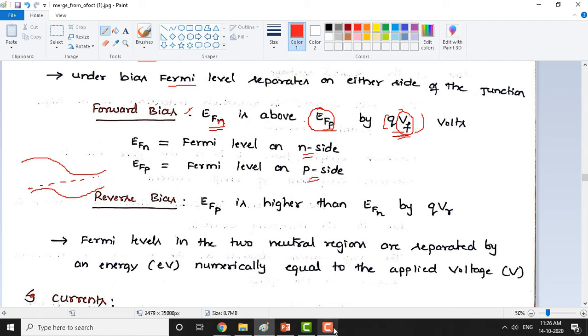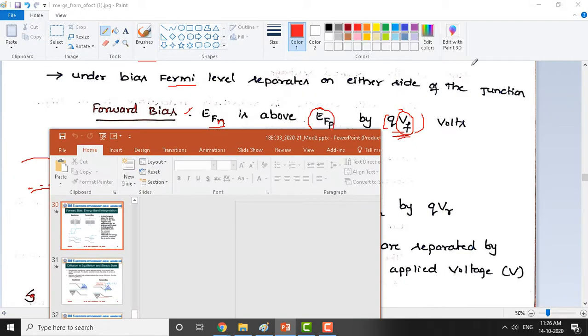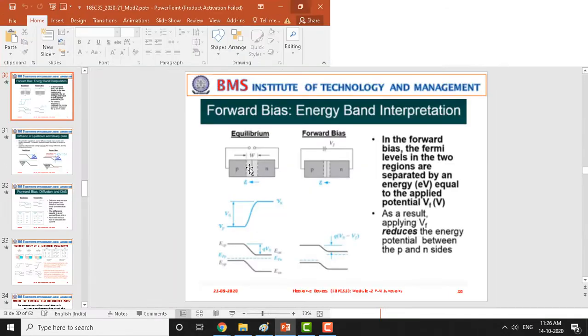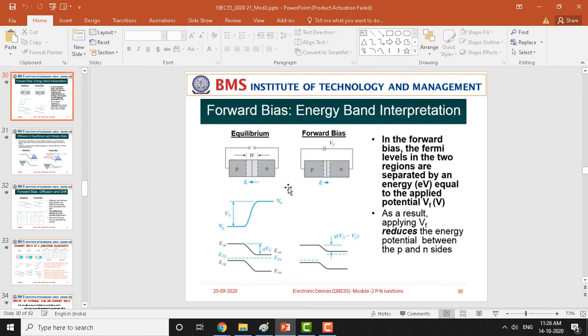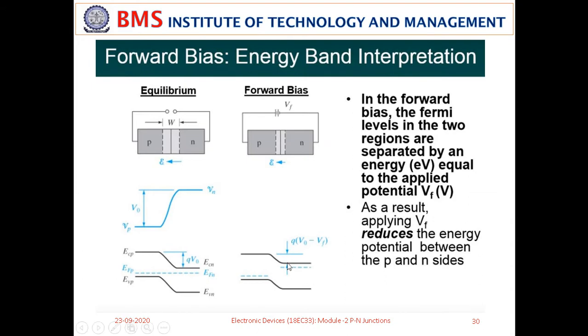To understand more about this, you can have a look at this slide, so that you get an idea of forward bias conditions. Are you observing what I said now? This is the Fermi level on the N side, this dotted line is the Fermi level on the P side. The Fermi level on the N side is at a greater height compared to the Fermi level on the P side.